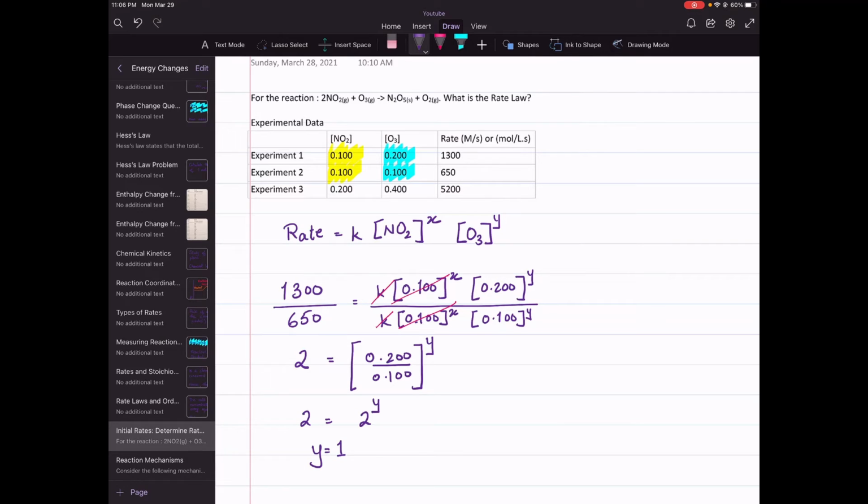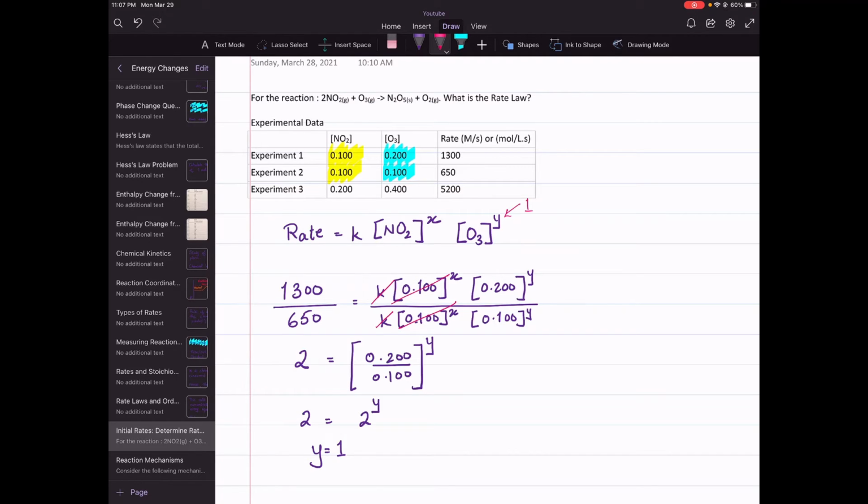Okay, so we have just identified what the value of y is. This is 1. And so we picked experiment number 1 and 2 strategically so that the 0.100 will cancel out from the top and the bottom, and the data will tell us the effect of the change in concentration of the ozone.